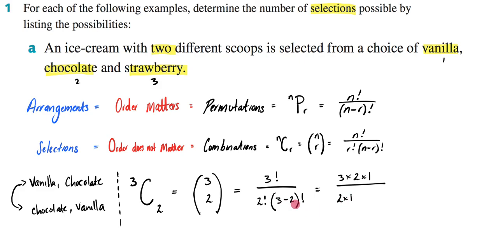And then 3 minus 2 is 1, and 1 factorial is simply 1. That's going to go away, and that's going to go away. So I simply have 3 over 1, which is equal to 3. Let me highlight that. So that is my answer to the first question, 3.